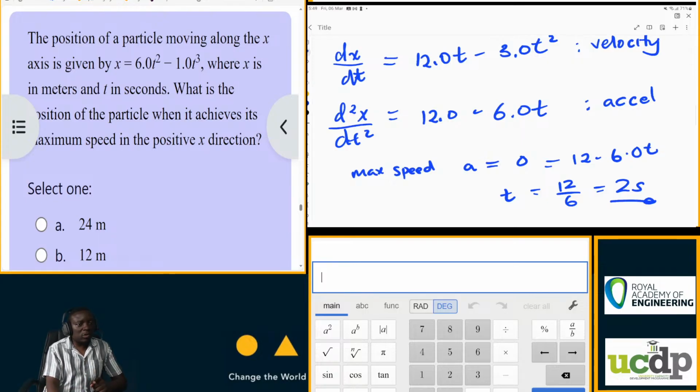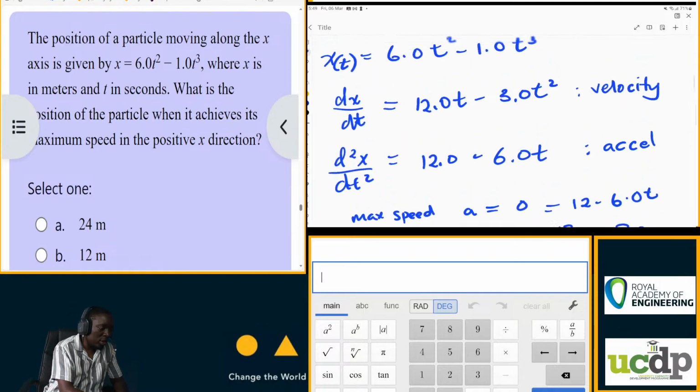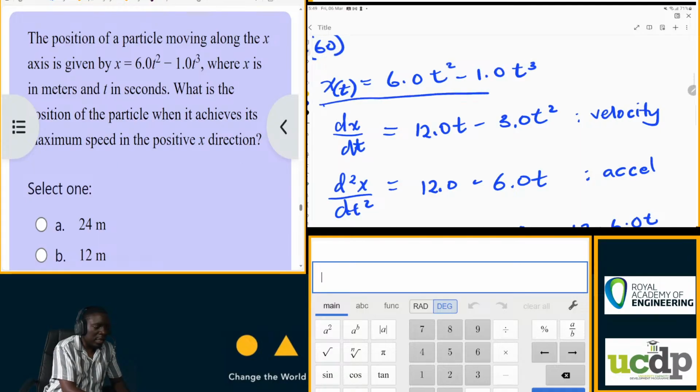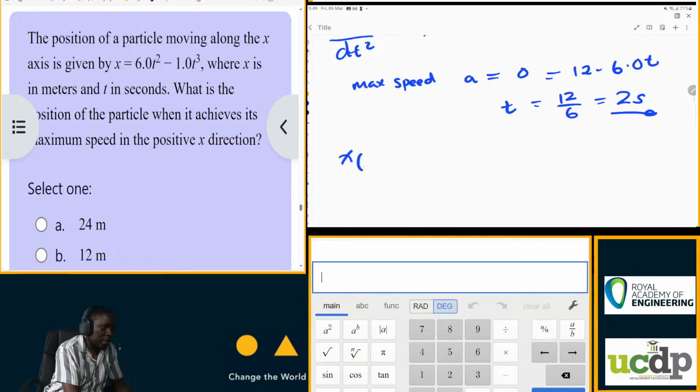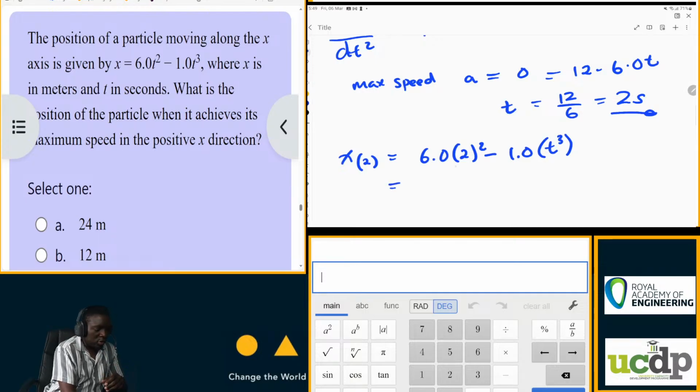But then the question doesn't want us to find time. It wants us to find the position when this happens. And that position is found by substituting 2 into the parametric equation, x as a function of time when t equals 2. So x of 2 will be equal to 6.0 times 2 squared minus 1.0 times t cubed. So this is 24. 6 by 2 squared is 6 by 4. 24 minus 8.